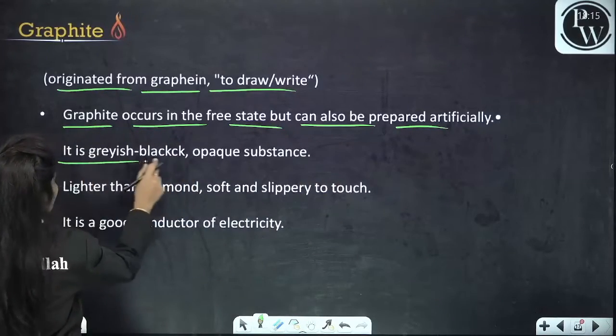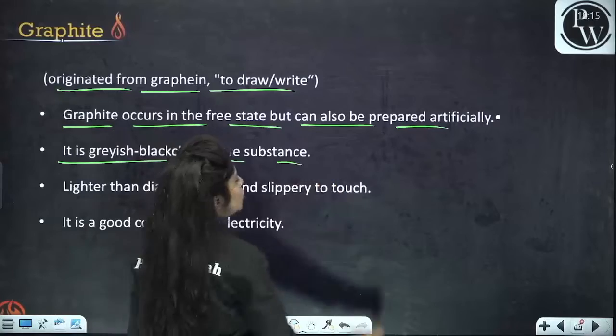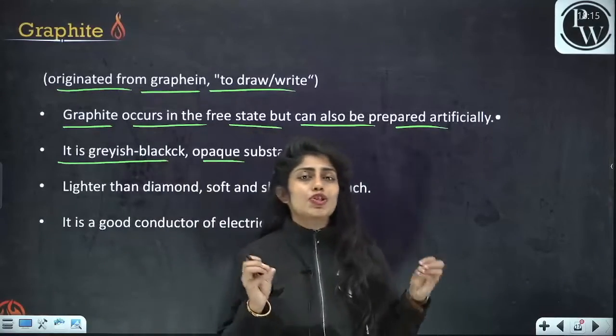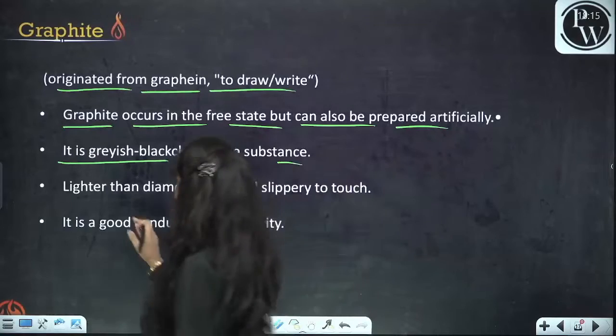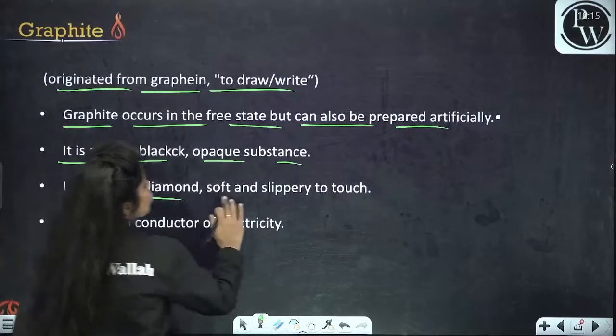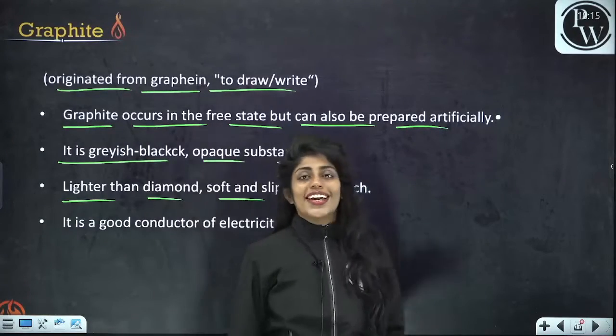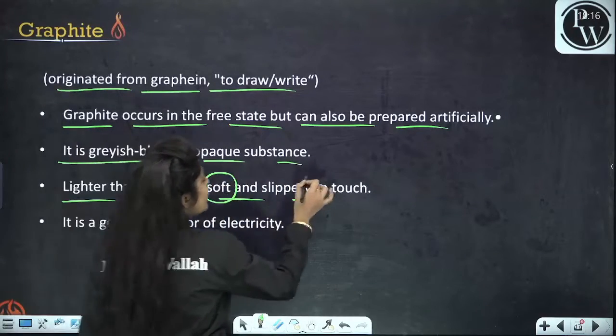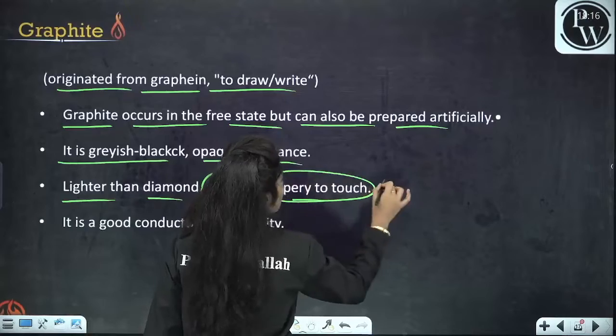Now it is a grayish black opaque substance, unlike diamond. Grayish black opaque substance, lighter than diamond, soft, slippery to touch. It's important to highlight soft and slippery to touch. Why?